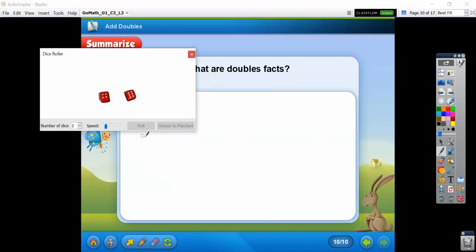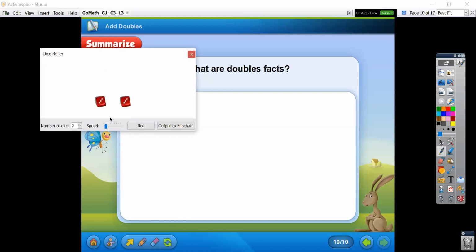Okay, so is that a doubles fact? No, it's not. I have a 4 and a 5. Now I'm going to roll again, see if I can get a double. Nope, a 2 and a 3. Keep rolling till you get a double. Nope, a 5 and a 3. Let's see if it'll work for us.